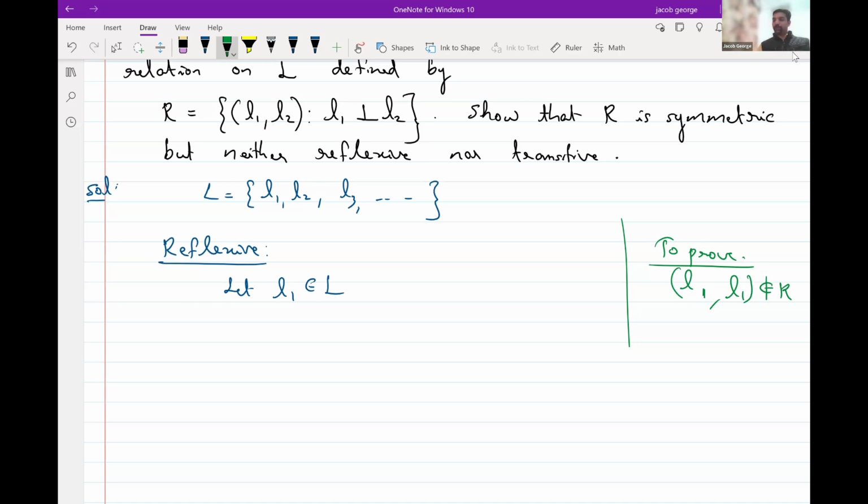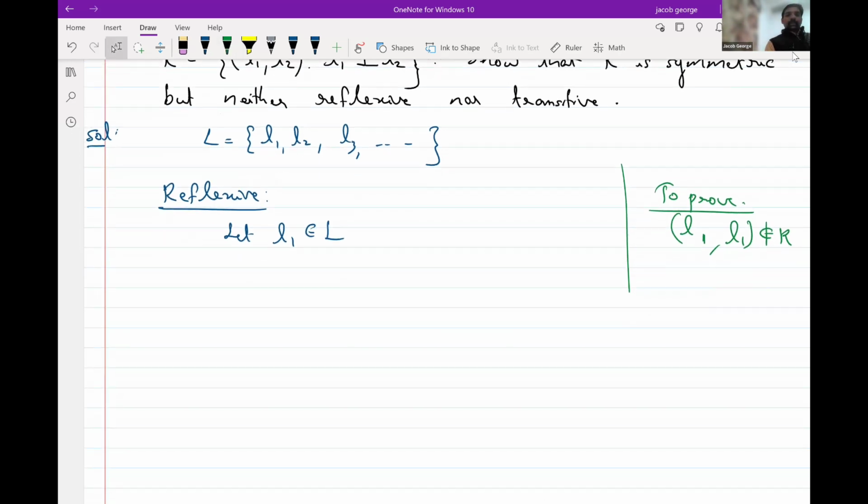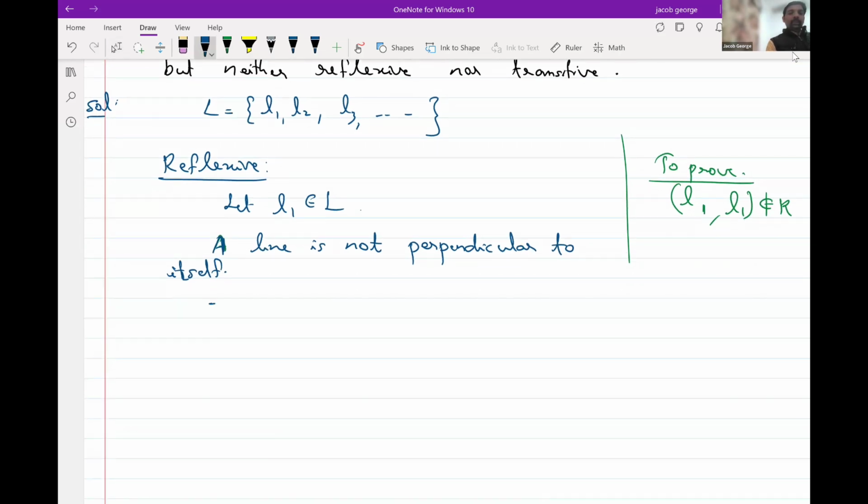So please write in the main part. Let L1 be an element of L. Since a line is not perpendicular to itself, L1 is not perpendicular to L1.